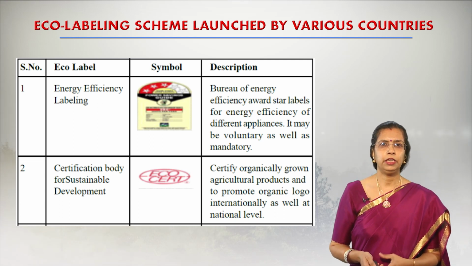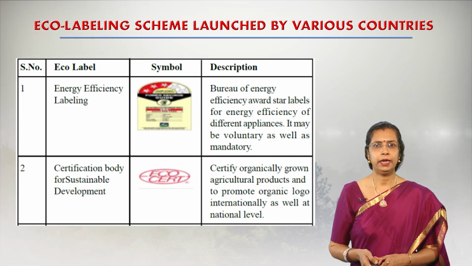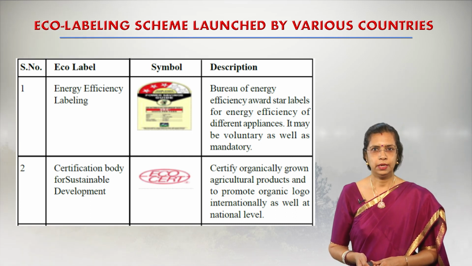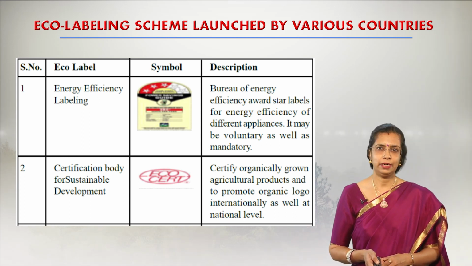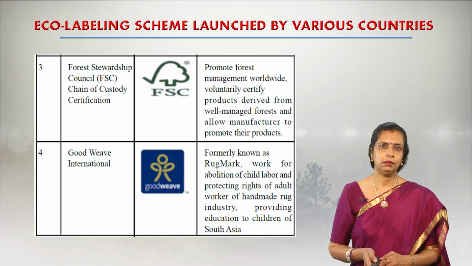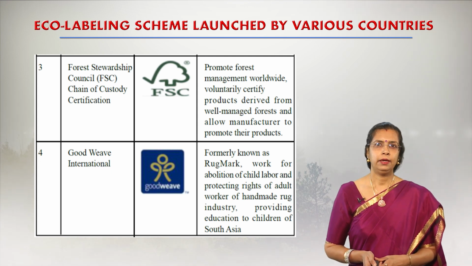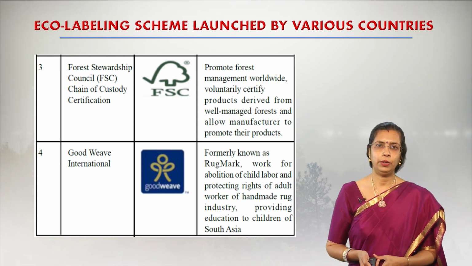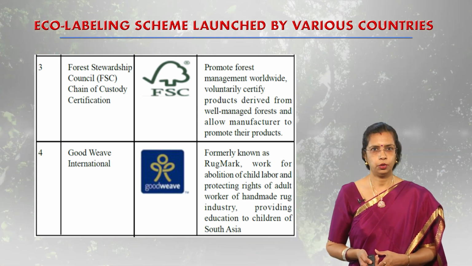Then there is a certification body for sustainable development. This can certify organically grown agricultural products and promote the organic logo internationally as well as at the national levels. Then there is the Forest Stewardship Council, a chain of custody certification to promote forest management worldwide, for products derived from well-managed forests, and it allows the manufacturer to promote these products.